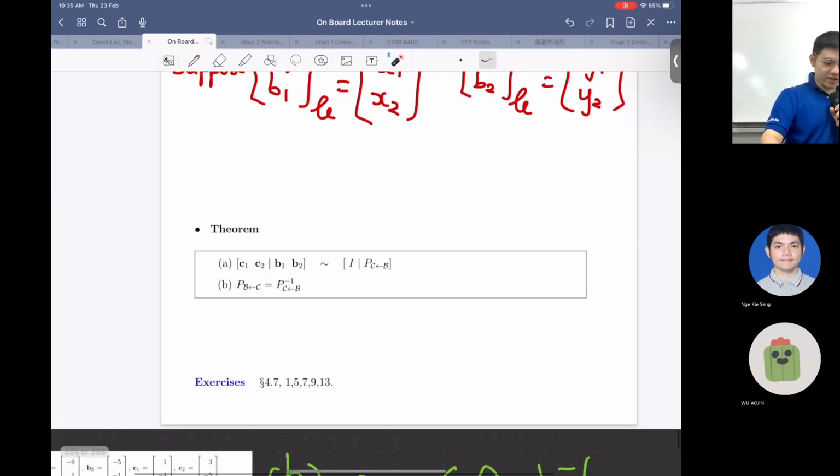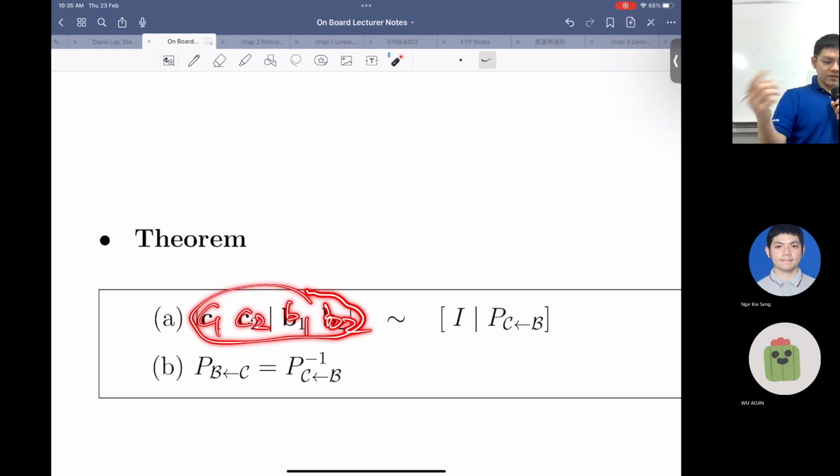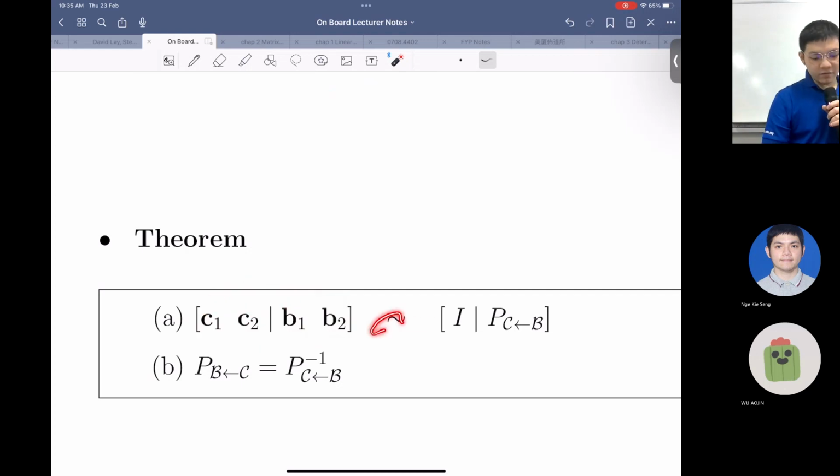So what we have done here is actually this theorem. This theorem says that if you have C1, C2, B1, B2, two bases, then if you row reduce to identity on one side, the other side is actually B to C, because you already chased all the C to the other side.